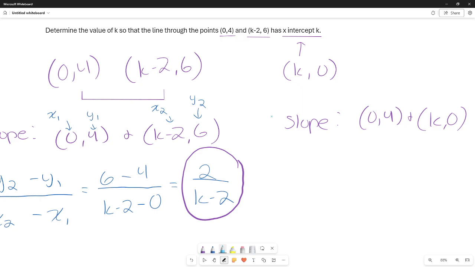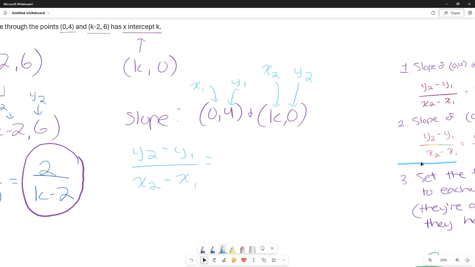Once again, y2 minus y1 over x2 minus x1. I'll choose 0 to be our x1 again, and 4 will be our y1, and then k will be our x2, and 0 will be our y2. Now let's plug that in.